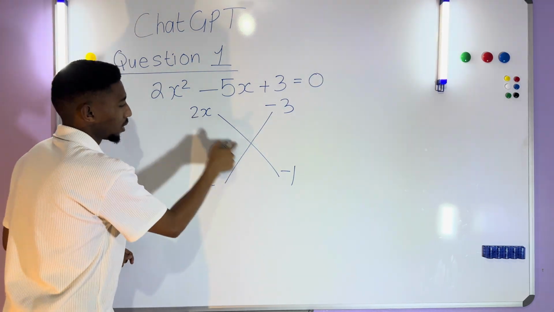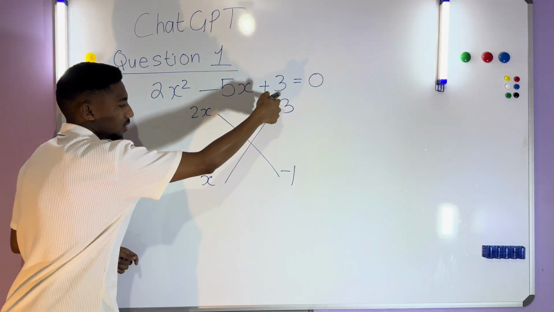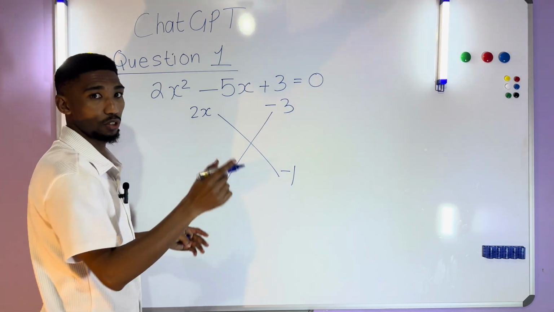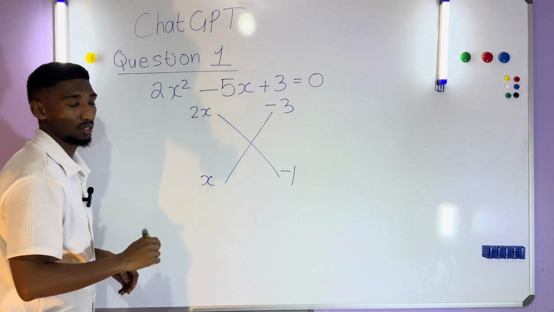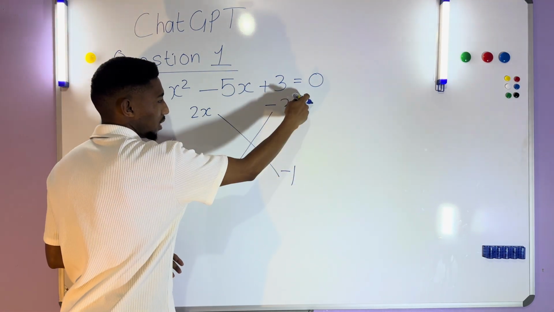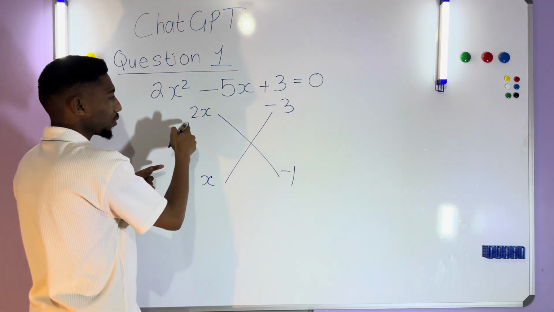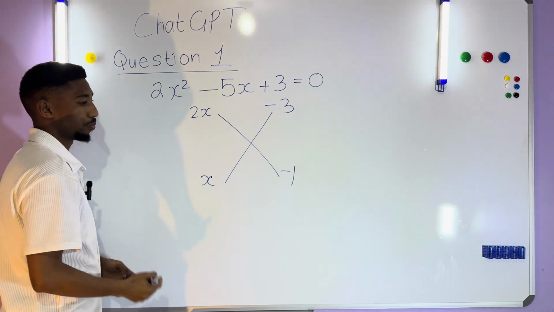Now, when I multiply across, I get negative 2x, and multiply across like this, I get negative 3x. That negative 2x, negative 3x gives me negative 5x. When I multiply here, negative 3 times negative 1 gives us plus 3, because a negative times a negative gives us a positive value.